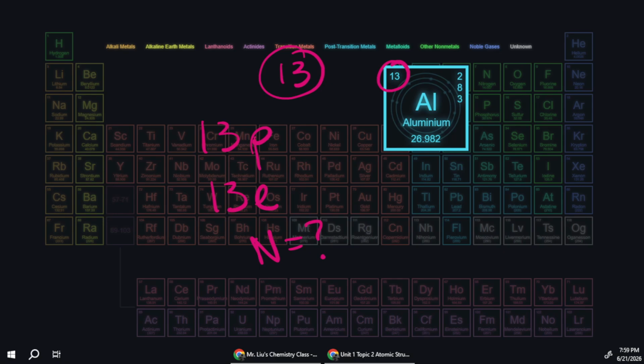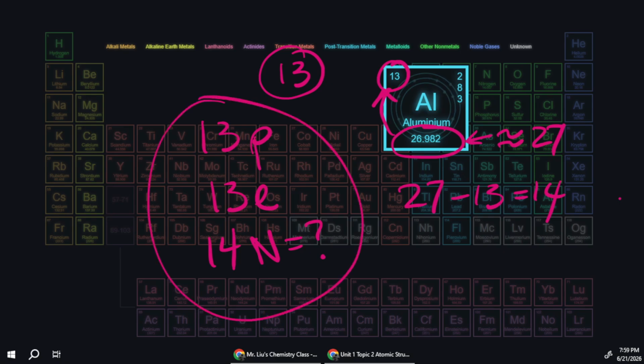Neutrons, again, is the big number subtract the small number. So let's round this to a whole number first. So 26.9, we can round it to approximately 27. So it's basically 27 minus 13 equals 14. So the number of neutrons for aluminum is 14.